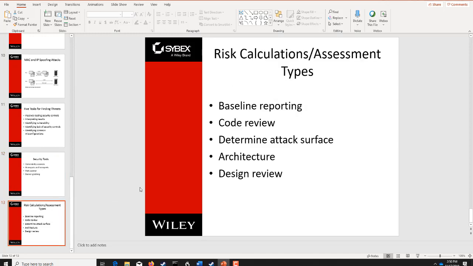And then kind of bringing it all back in line with what we talked about in the first couple of chapters, risk calculation and a risk assessment. These are baseline reports, things such as code reviews, looking at and understanding our own attack surface, what is vulnerable, what is susceptible to attack, what are the methods that can be used to attack our infrastructure, our code, etc. And then do design reviews and figure out, well, is there a better way to defend the space, the data, the network, the system?